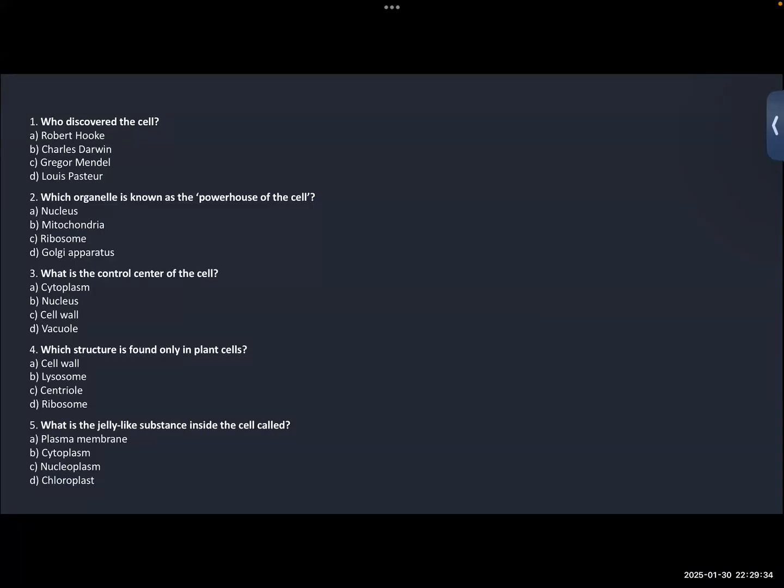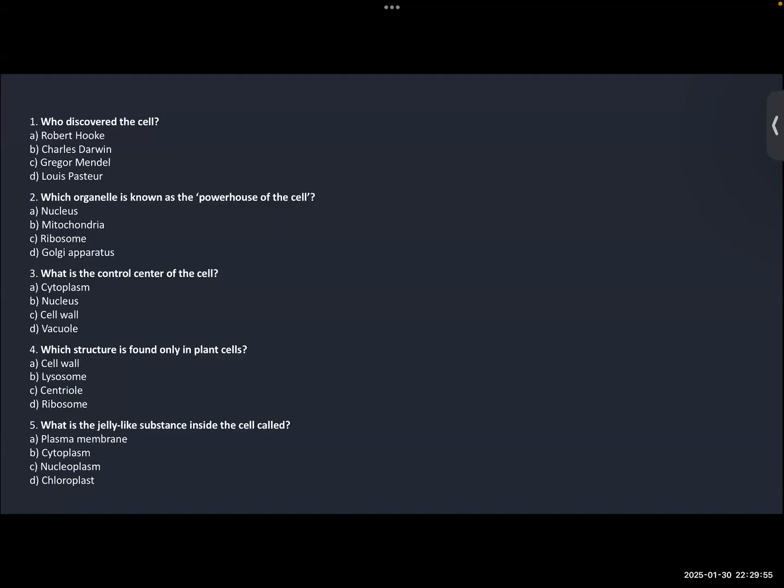Who discovered the cell? Robert Hooke. Good. Next. Mitochondria. Next. A nucleus. Yes.